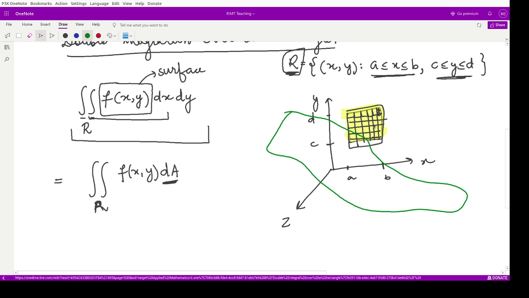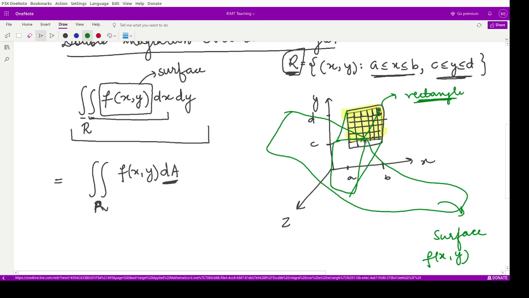So what you are doing, you are to calculate the volume of this particular surface, which is f of x comma y over this given rectangle. So we have to calculate the volume which is bounded by this rectangle for this particular surface. So what would be that? You will draw the perpendiculars from this surface to this particular surface.